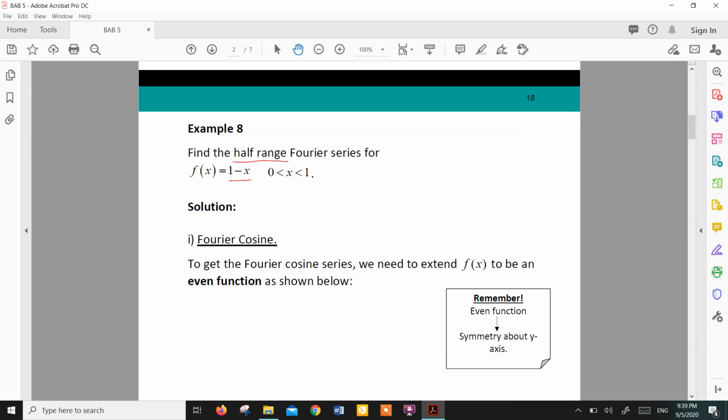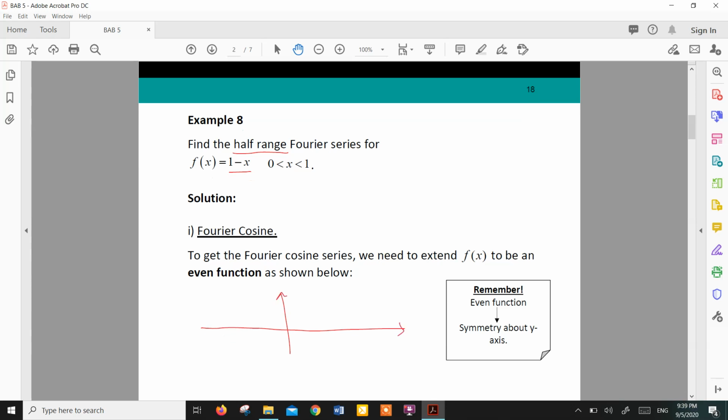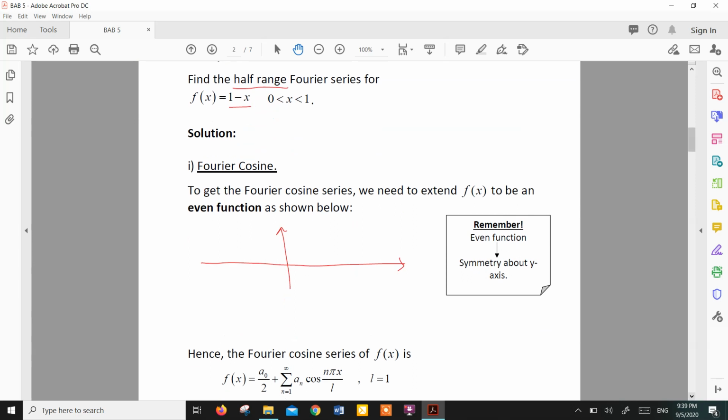From this function, we need to plot the function. From 0 to 1, f(x) is equal to 1 minus x. How to draw? You can substitute in the values of x.